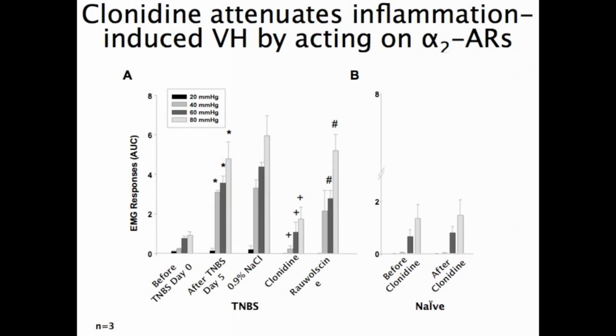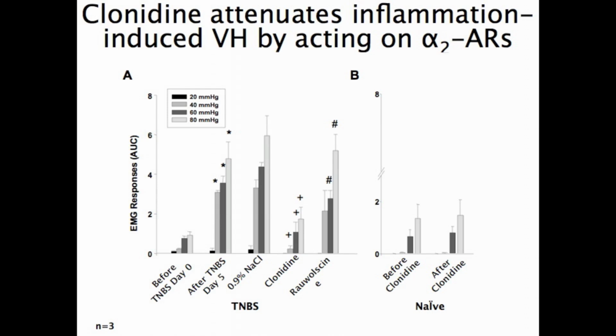So if we want to find an interaction between alpha-2 adrenoceptors and TRPV4, first we have to show that they actually are analgesic in our model. And it turns out that they do appear to be. So again, these are those EMG recordings in response to colorectal distension that we talked about earlier. Before TNBS, after TNBS, the responses go up.